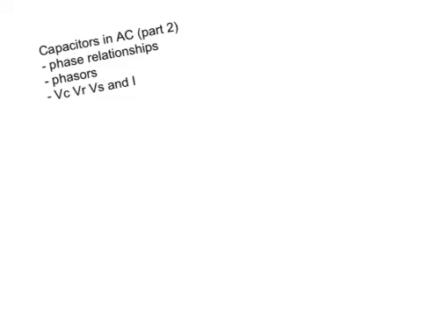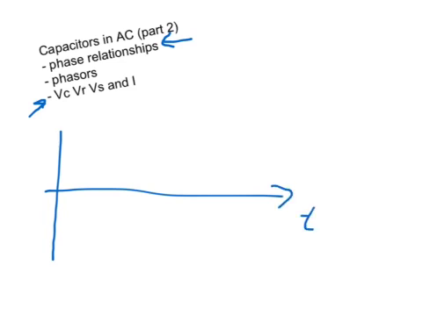When you're looking at capacitors and alternating current, it's inevitable that this idea of phase relationships comes up. And what it's talking about is, linking in a little bit with this final point as well, if this is a graph of voltage against time, on that graph, remember we've got the alternating current, which is like a sine curve.